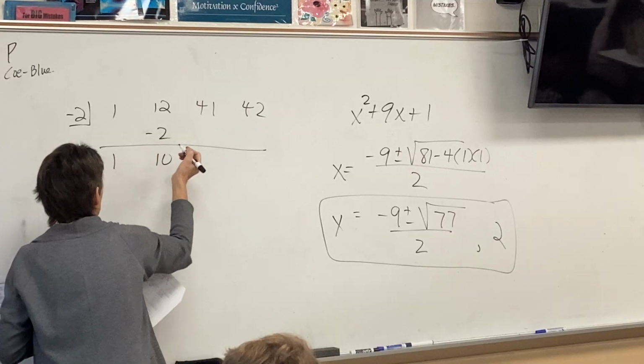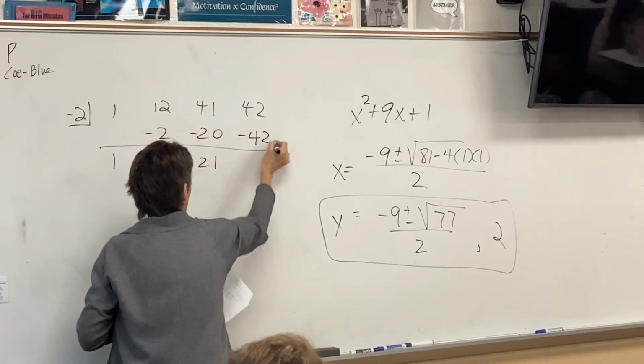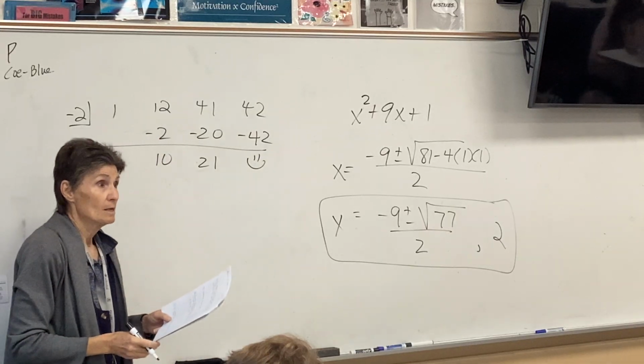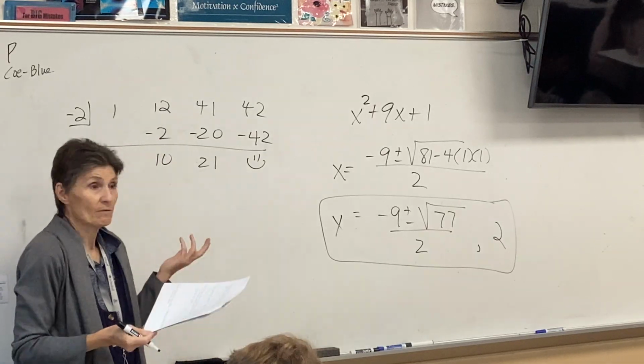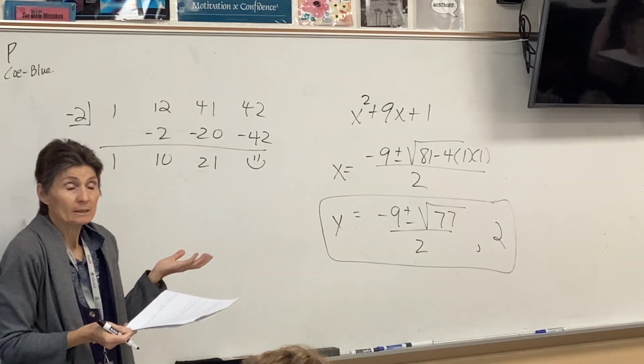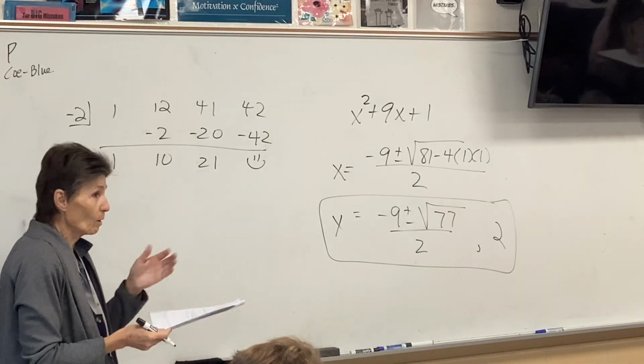And we know what's going to happen. We know we're going to get a 0 when we do that division because they tell us it's a factor. And when something is a factor, it divides in evenly. So we've got a factor, but that isn't what we're interested in.